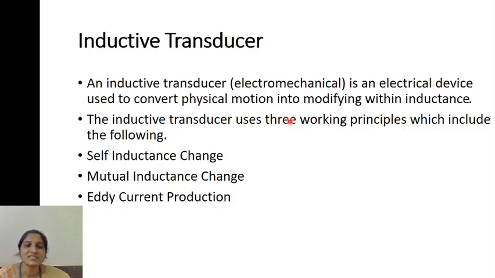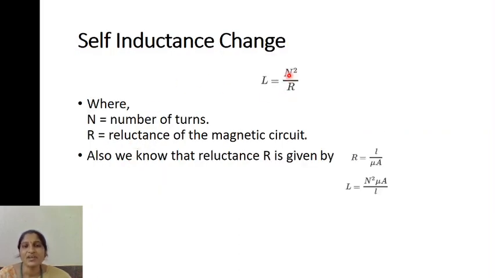This inductive transducer works on three principles: self-inductance change, mutual inductance change, or eddy current production. Coming to the first one, self-inductance change. Self-inductance is L, and the formula is L equals N squared by R, where N is the number of turns and R is the reluctance of the magnetic circuit.